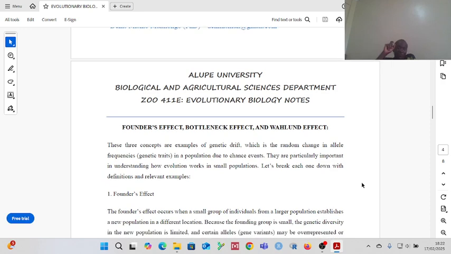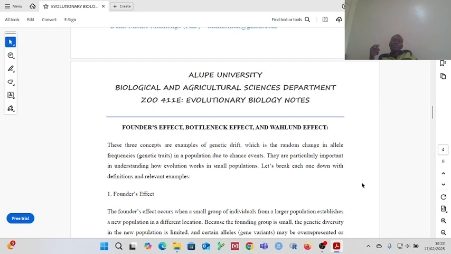Under genetic drift, there are three important effects that we can look at. These effects make up what we call the three concepts of genetic drift. Genetic drift, we said, is the random change in allele frequencies within a population due to chance events. The three main concepts are the founder effect, the bottleneck effect, and lastly, the Wahlund effect.